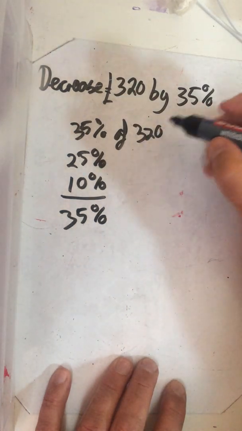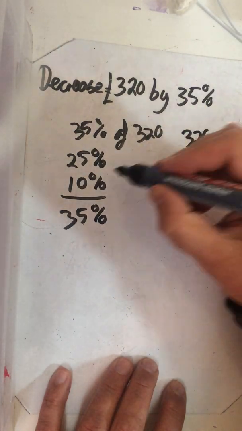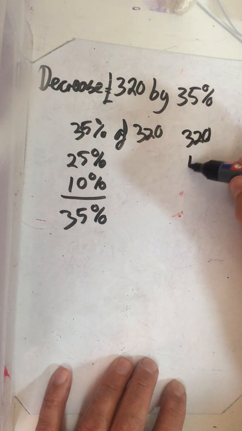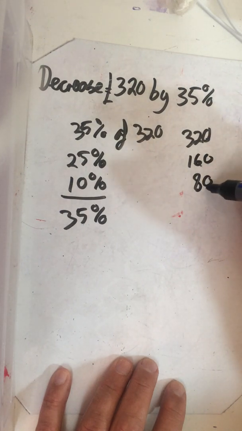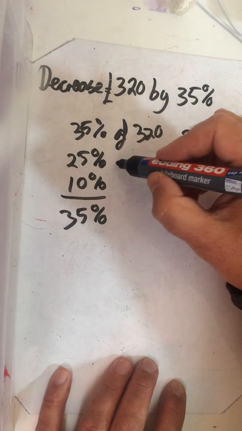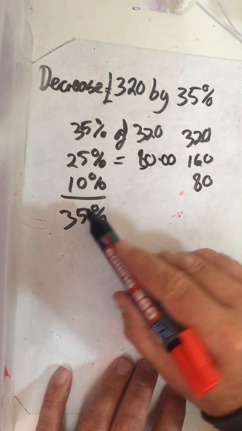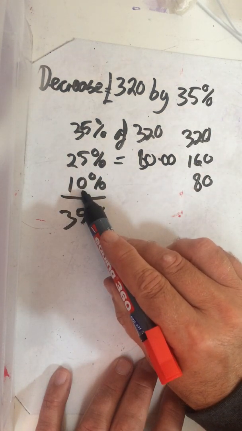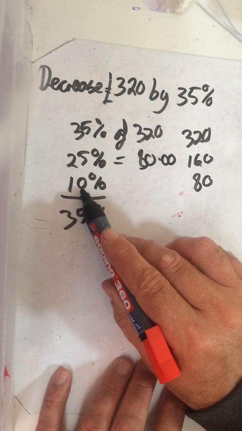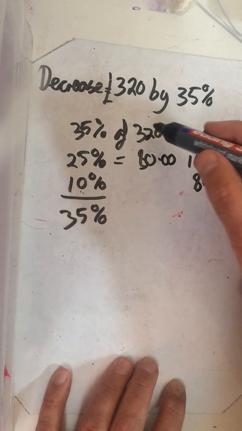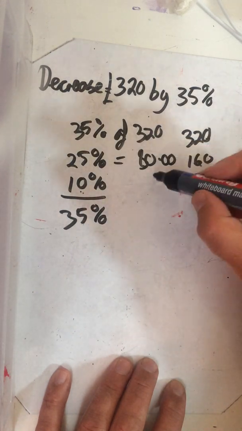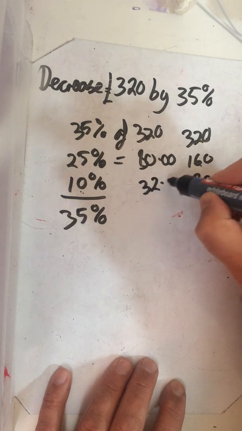So 25% is the same as a quarter, so I'm going to halve this. 160, halve it again, 80, so that's a quarter, that's 25%. So I've got that one there as £80. I know 10%, I'm just going to divide it by 10, so 320 divided by 10 is going to give me £32.